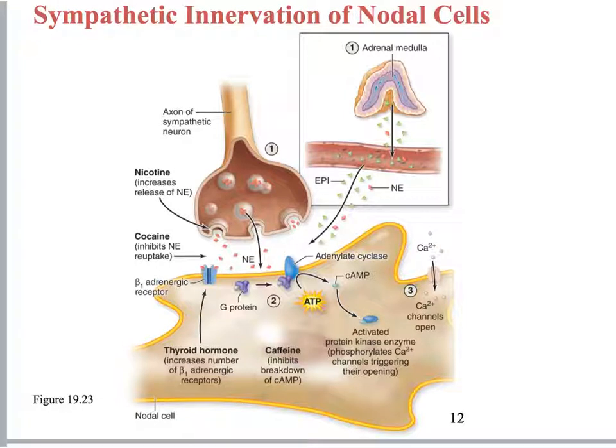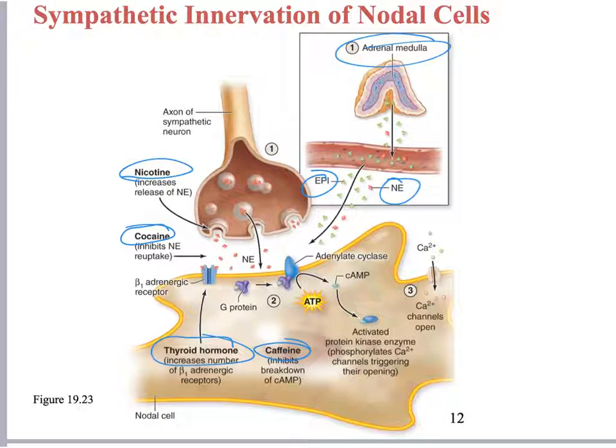And there's a bunch of other ones that are present. So here's your nicotine, cocaine. The adrenal medulla is going to release epinephrine and norepinephrine. And they're all, thyroid hormone, caffeine, going to work by increasing the amount of cyclic AMP inside the nodal cells, which then leads to faster firing of the heart.